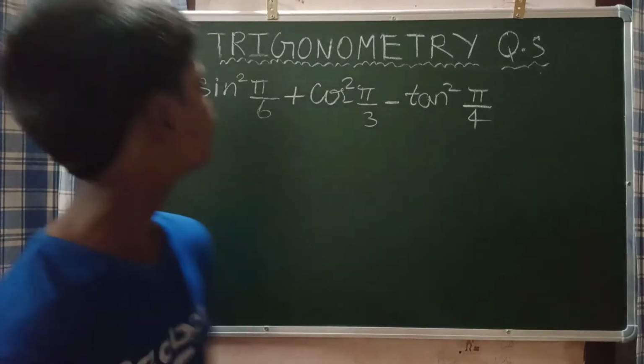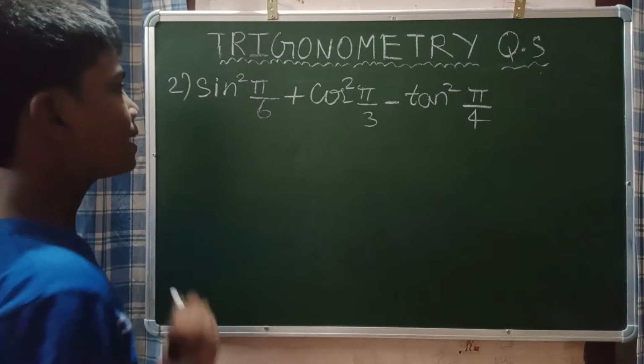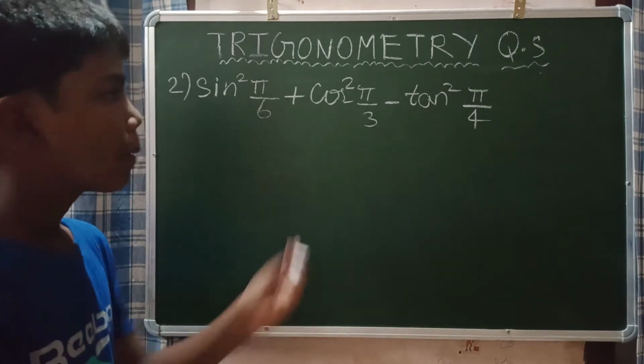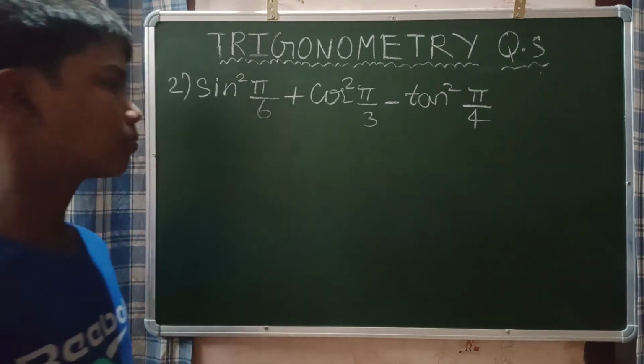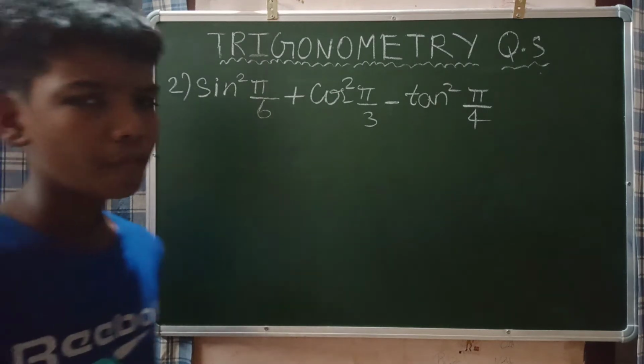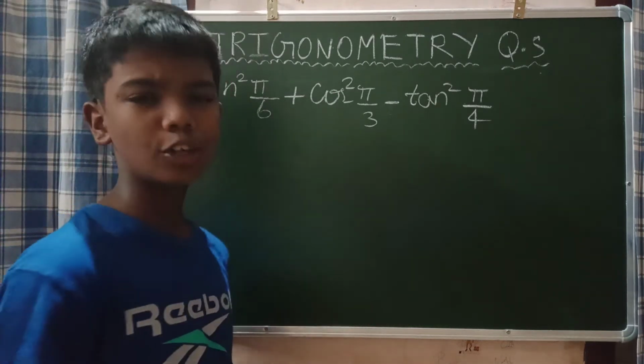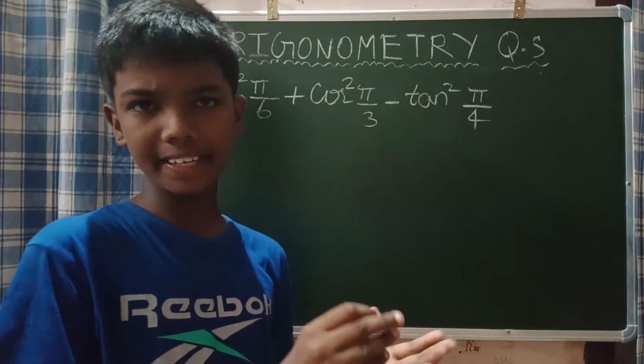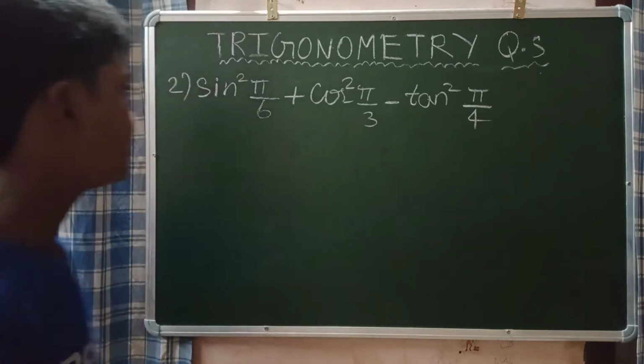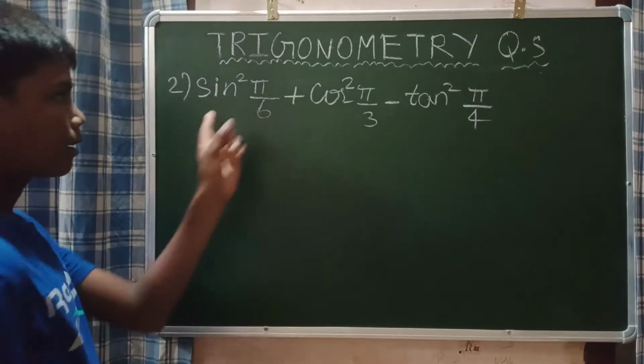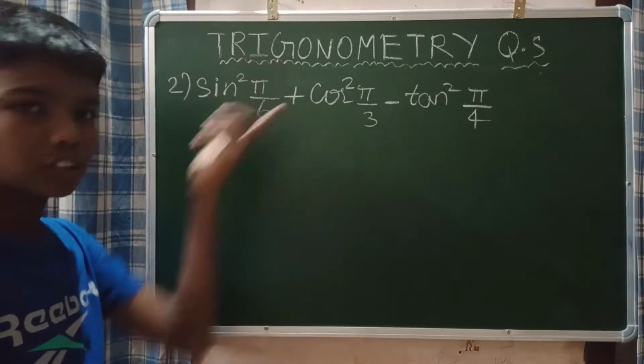Second question is, sin square pi by 6 plus cos square pi by 3 minus tan square pi by 4. Now we know that pi is equal to 180 degree, as 1 pi radian is equal to 180 degree. So I am going to substitute 180 in place of pi.